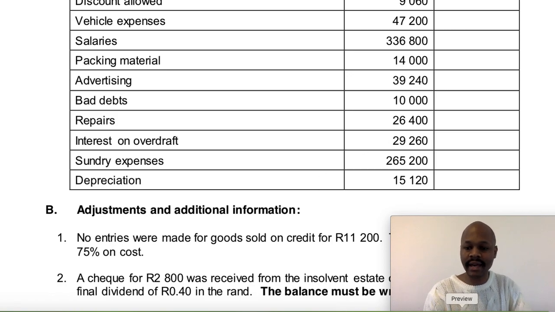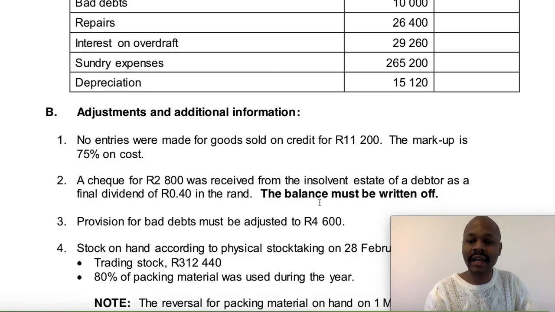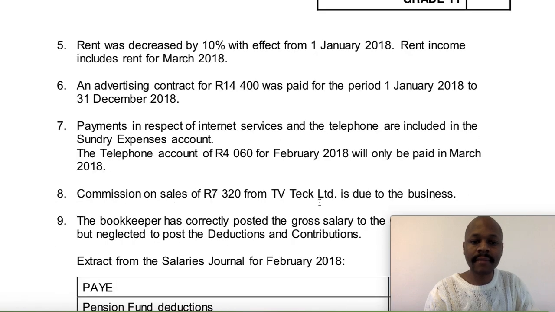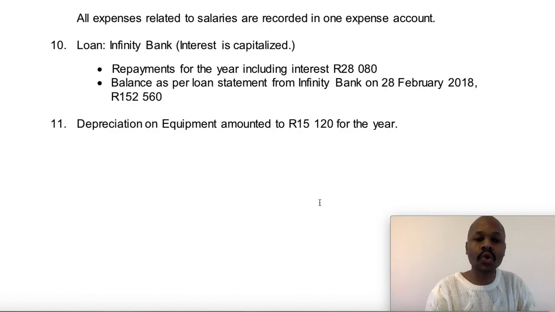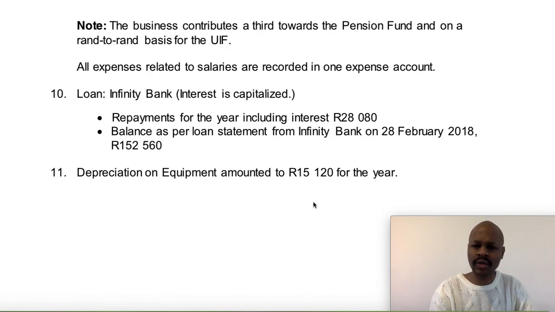So you take them and then it means you are left with this interest on loan. How do you get interest on loan? They say repayments for the year including interest amounted to 28,080 and the balance as per loan statement from Infinity at the end of the financial year amounted to 152,560. There is something missing here. What's that? The opening balance.